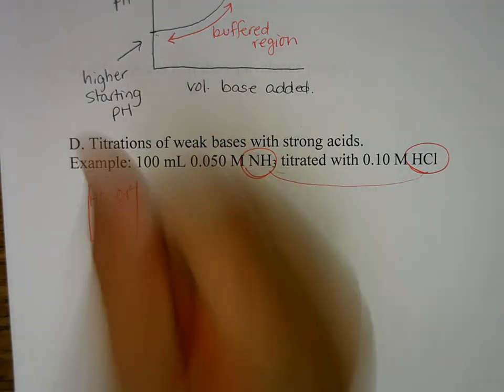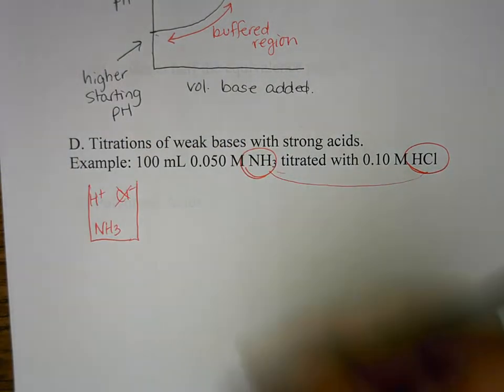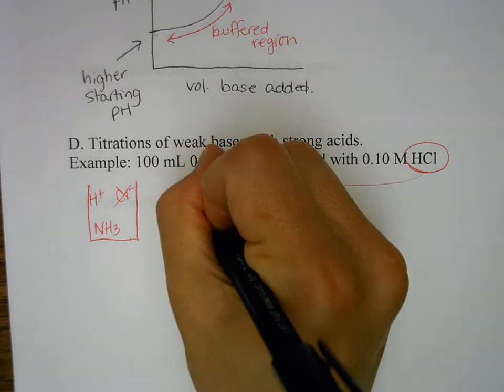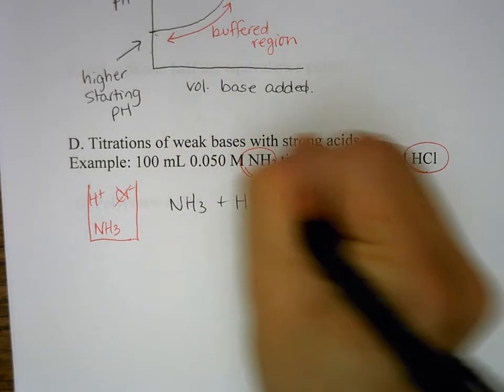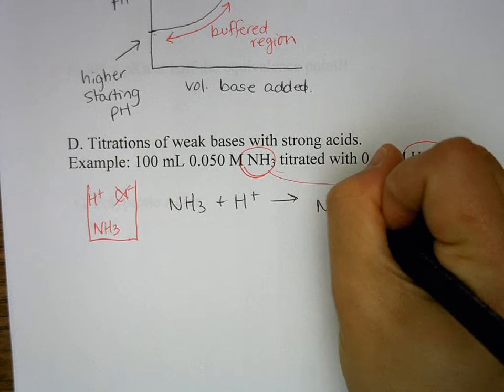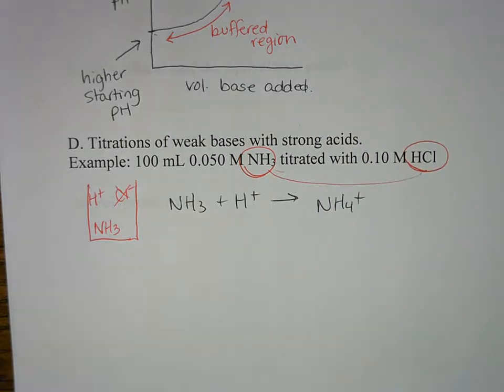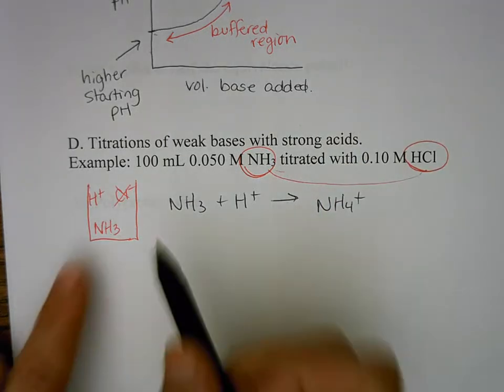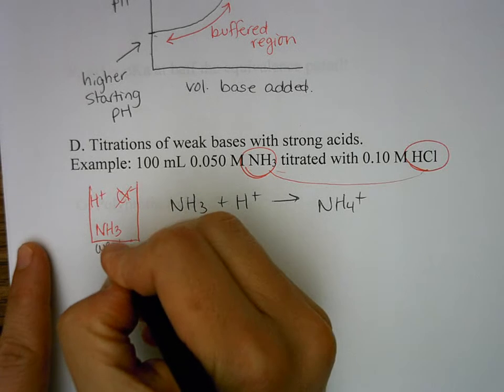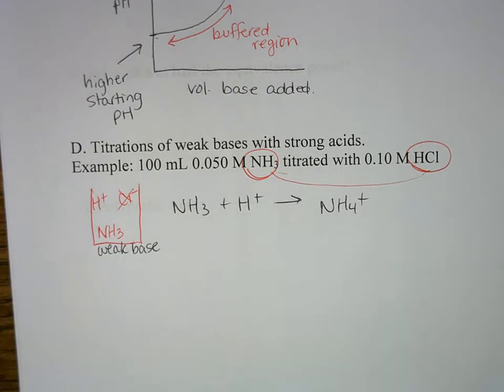The chloride ions don't matter. So your reaction in the beaker is NH3 plus H+ gives you NH4+. The writing of the equation is a little different when you're titrating a weak base instead of a weak acid.